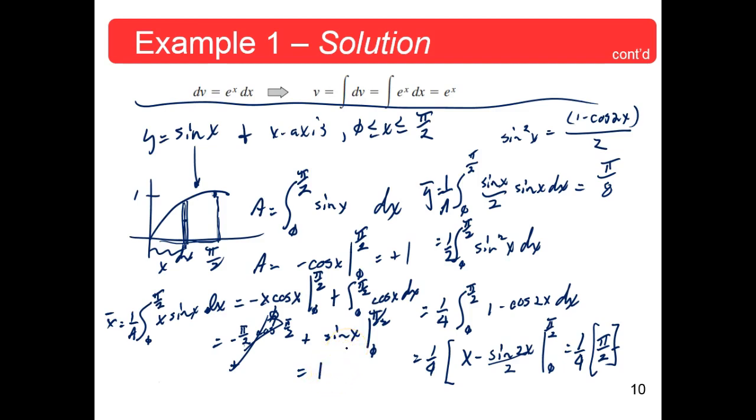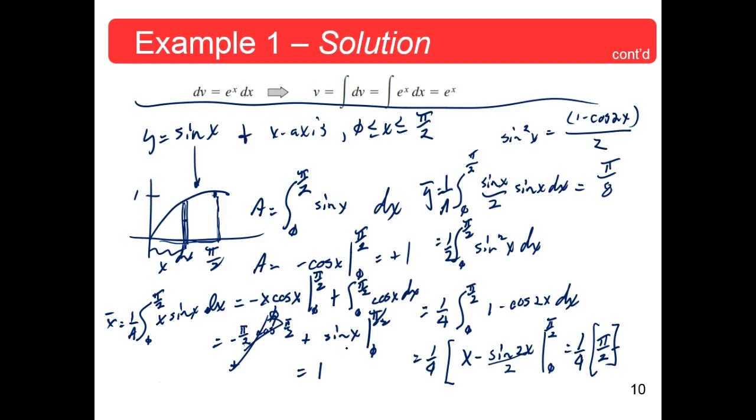So your x bar, which is the x coordinate, now remember this is about 1.5, so this is exactly 1. So somewhere about 2/3 of the way out here, that's where your x is. Your y was pi eighths, which is something about 3/8, a little bit short of halfway up. So that's where your centroid is, right about there.